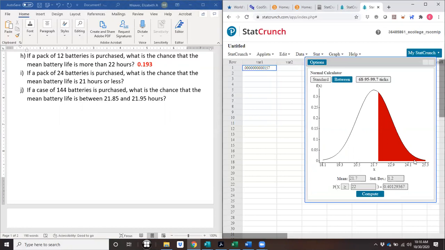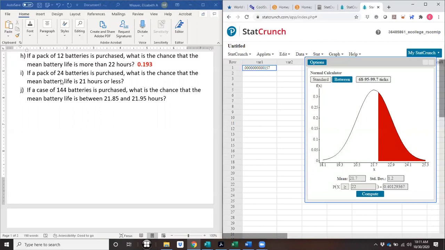So as our sample size gets bigger, because we're dividing by a bigger and bigger number, my standard deviation gets smaller, or my standard error, technically the standard deviation of the sampling distribution. And so these are less spread out, so it's less likely to have data over here in the tail.